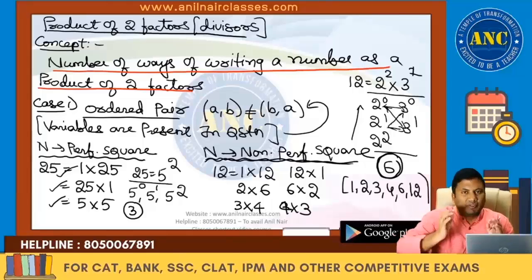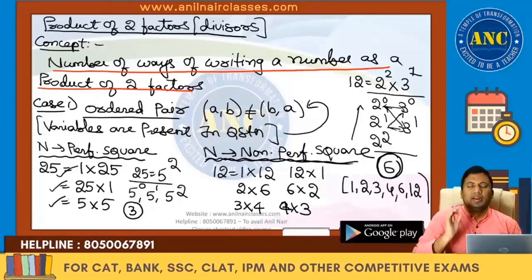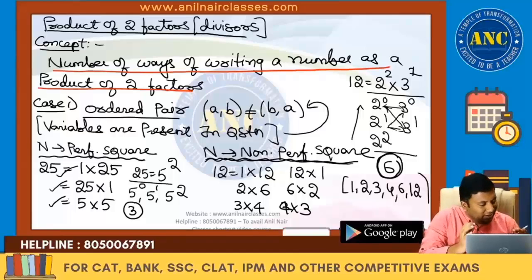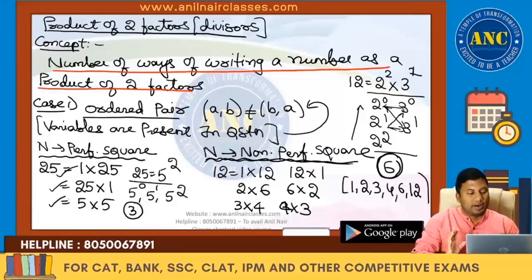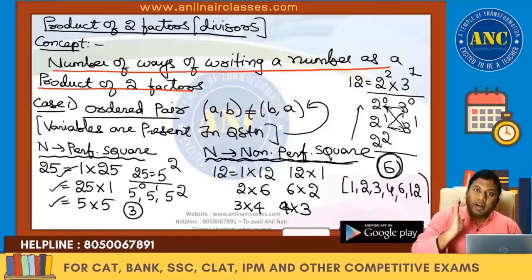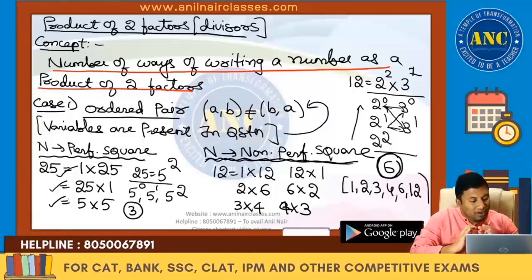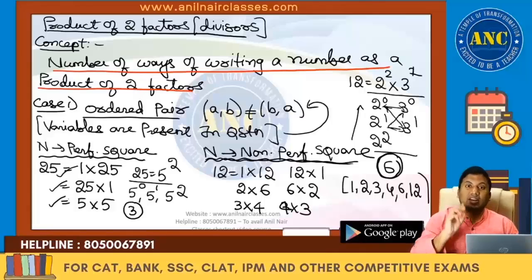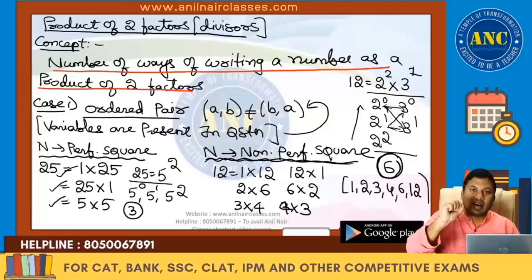That means in this question, in an ordered pair, whether I took a perfect square or a non-perfect square, the number of ways of writing a number as a product of two factors is always equivalent to the number of factors. For 25, the number of factors is 3: 5 power 0, 5 power 1, 5 power 2, and I got exactly 3 ways.